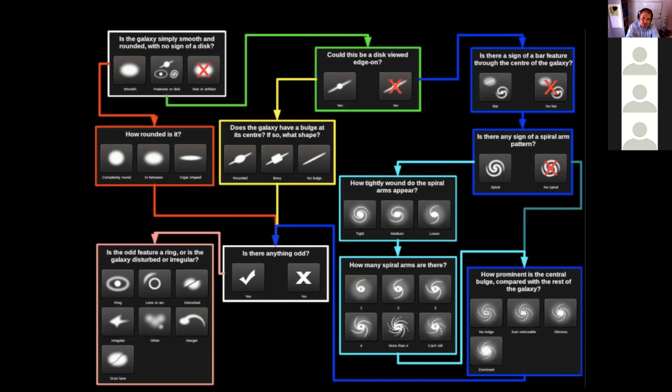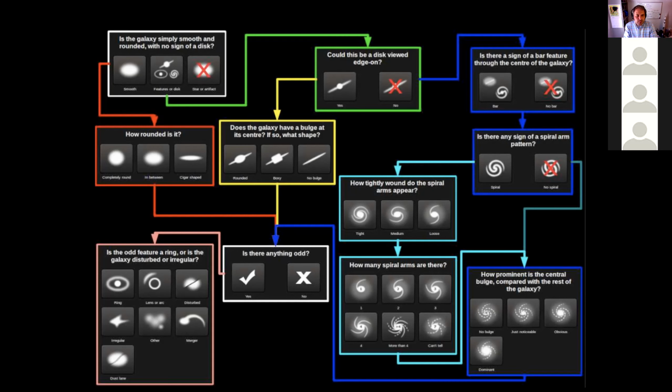And so all that's sort of a gatekeeping question to what's left. Is the odd feature a ring or a lens? And so they've scrapped that question, because essentially you got a function of what all of society considers odd for a galaxy, and that's a value judgment.